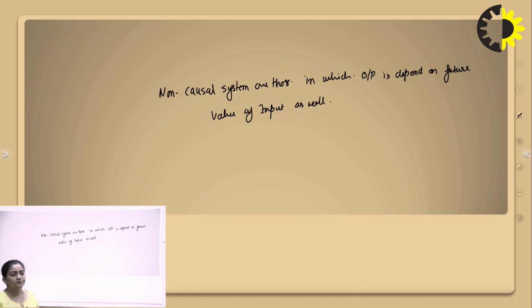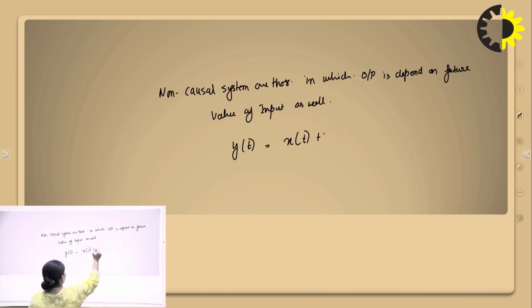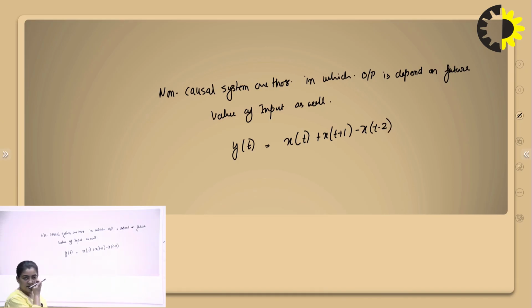Future value means, for example, if y of t is equal to x of t plus x of t plus 1 minus x of t minus 2. Suppose I have a system like this where x of t is the input and y of t is the output, and the system has been given by this equation.